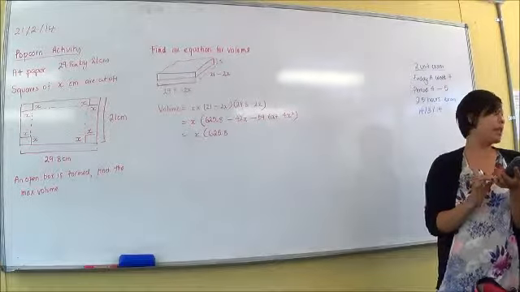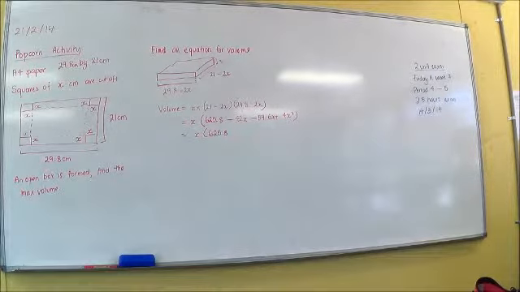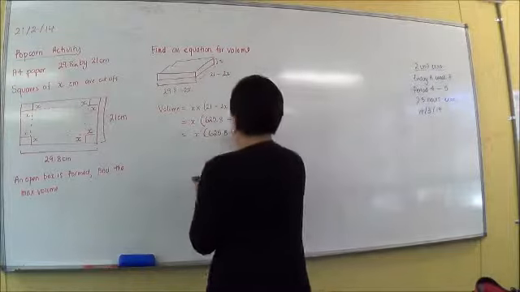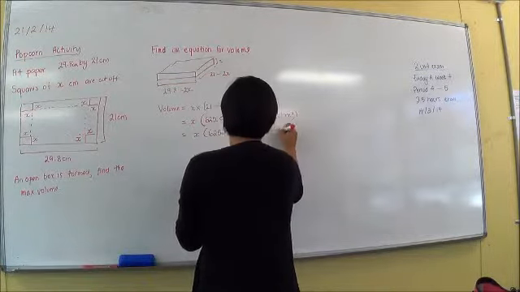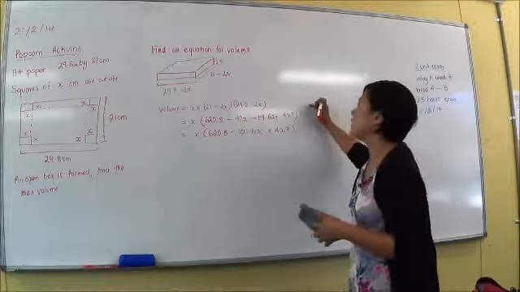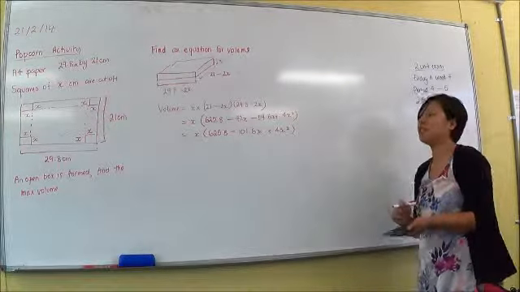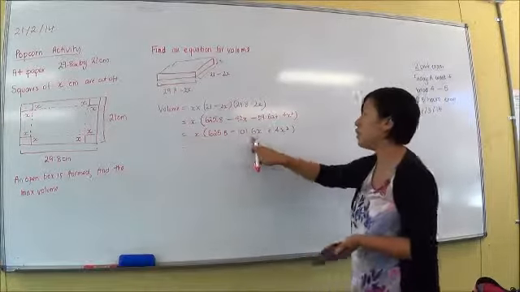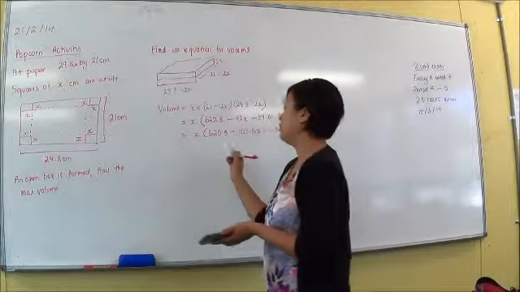So I've expanded and collected like terms, so that's the neater version. But what we're going to do here is multiply x to all these terms so that we have just one equation.